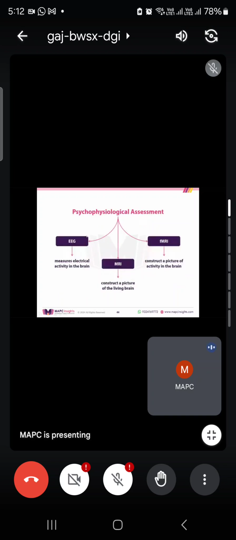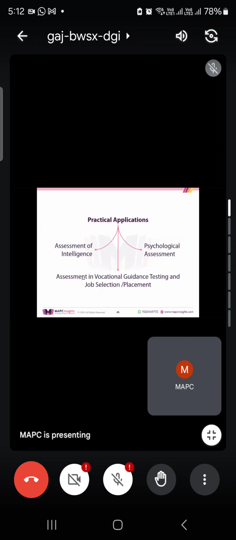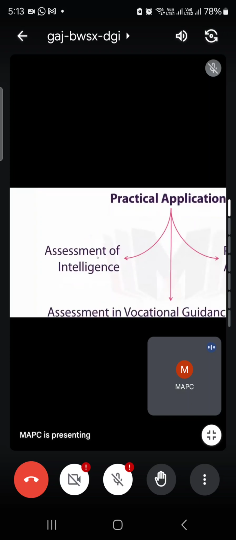So these are the various types of data we collect for psychological assessment, for the diagnosis. Now see the practical applications of this diagnosis: assessment of intelligence. We use this psychodiagnostic to assess intelligence.